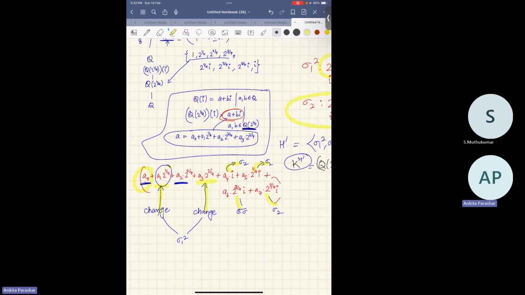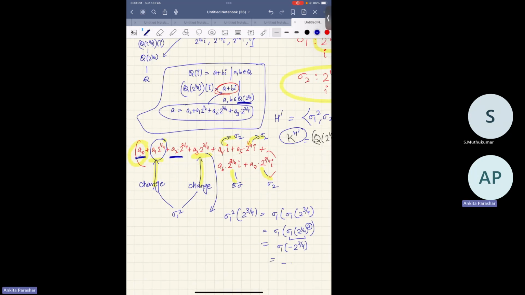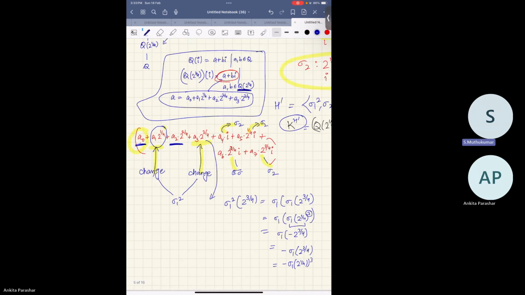I'll write how it will change. If you see this and sigma 1 squared, send it 2 power 3/4 to sigma 1 of sigma 1 of 2 power 3/4, which is sigma 1 of 2 power 1/4 whole cube. 2 power 1/4 goes to minus 2 power 1/4. Its cube is again minus 2 power 3/4.